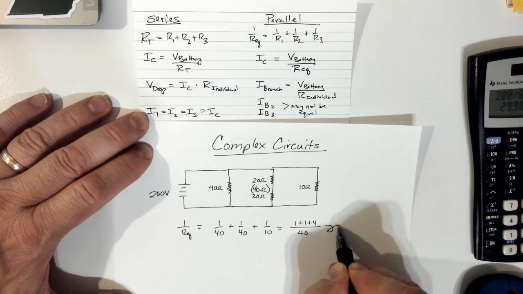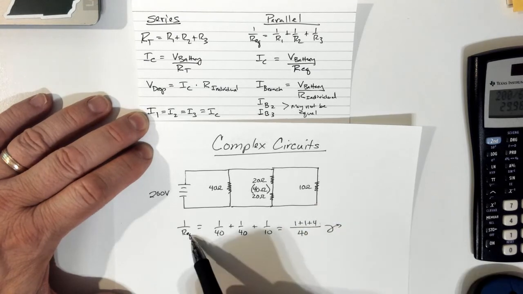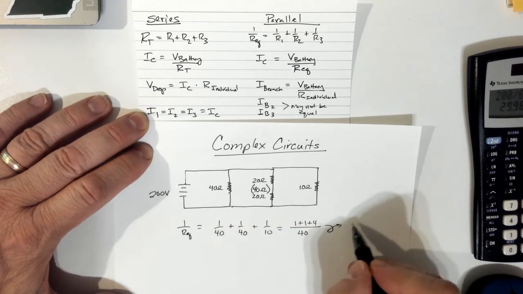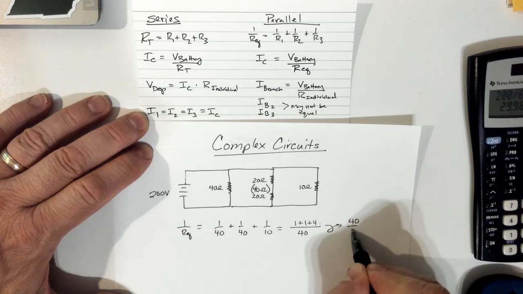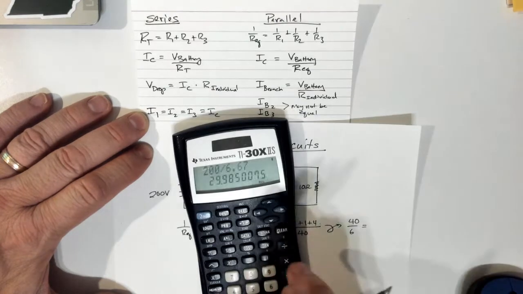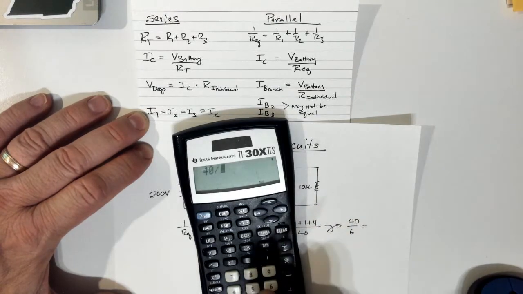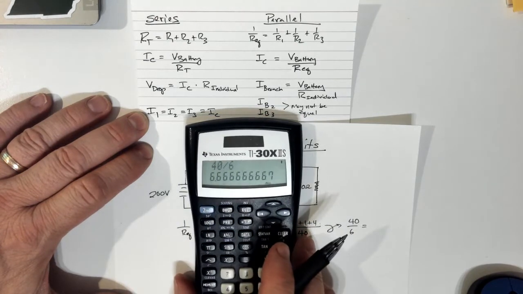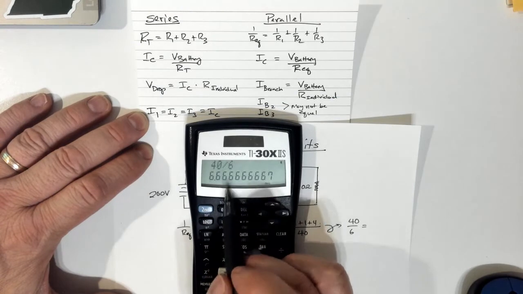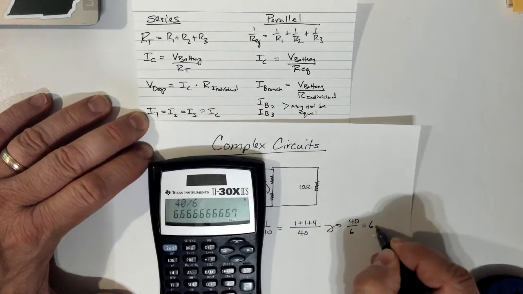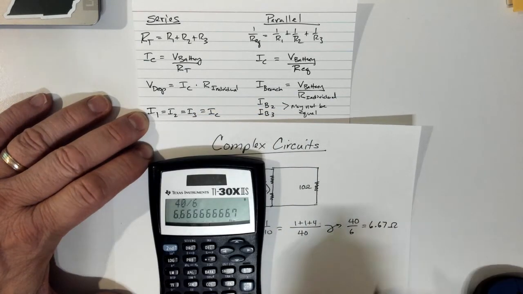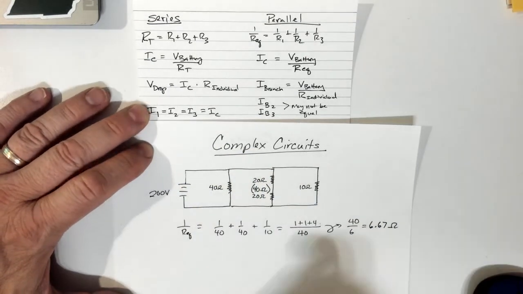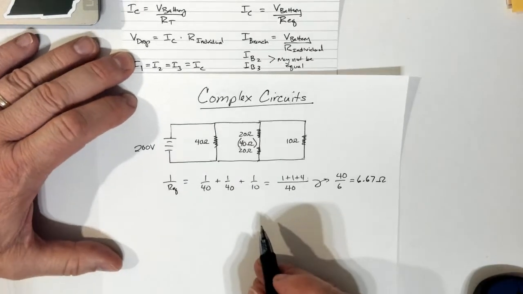Then you want to take your number and flip it over so R_EQ gets on the top, and you get 40 divided by 6. 40 divided by 6 is 6.6667. That's a weird number, but we're going to cut it off here and call it 6.67 ohms. So that's the total resistance in that circuit.